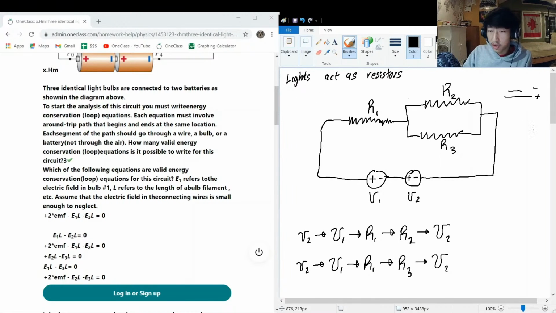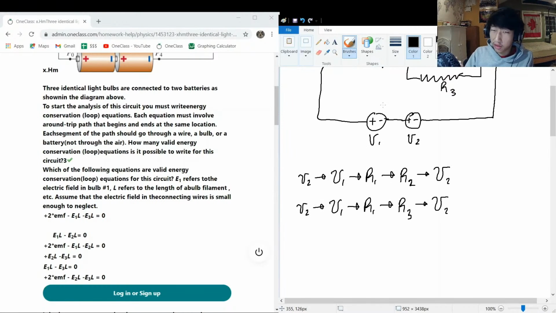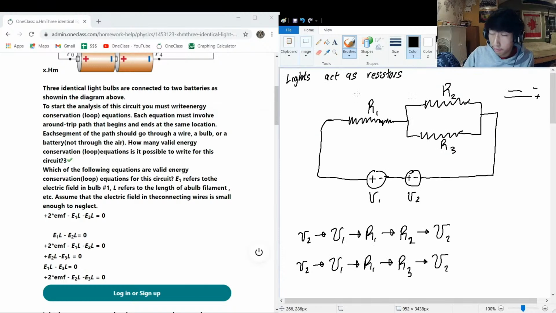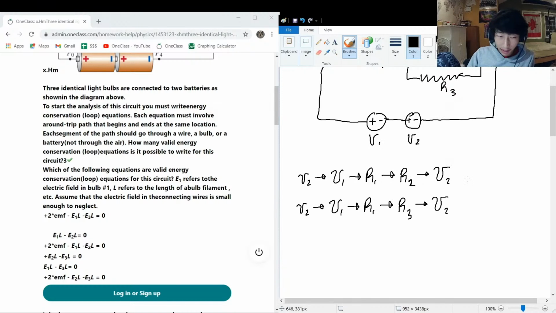Another loop that we can do is just R2 and R3. You can see that this is a loop, and that'd be a perfectly valid loop to use as well. Valid, not necessarily useful, but certainly valid. So R2 to R3 to R2 again.